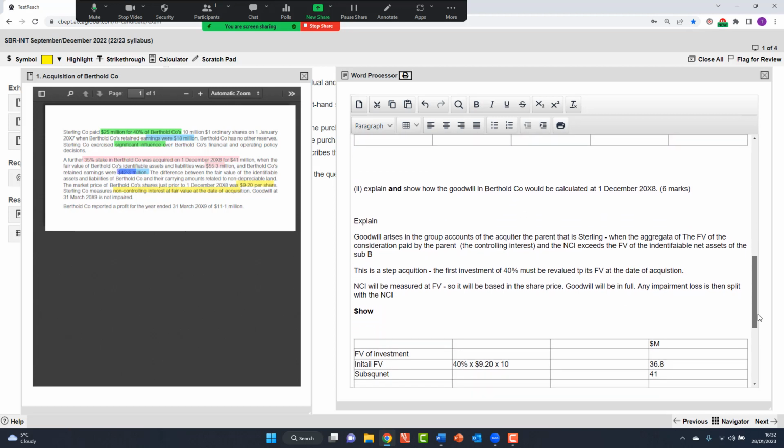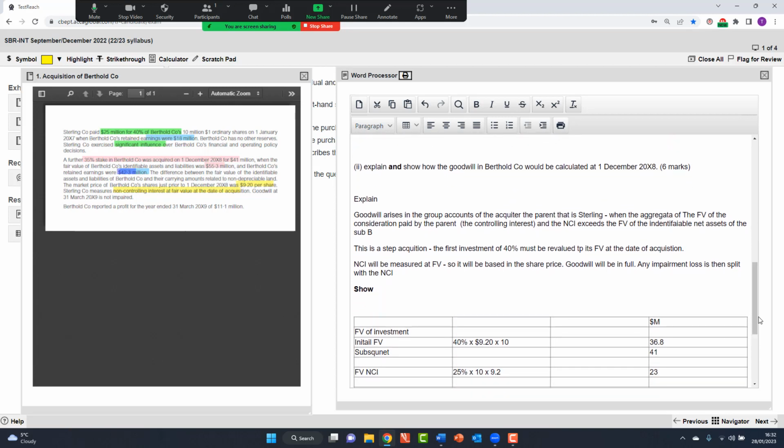And now we move on to 6 out of 6. And this is about explaining and showing how the goodwill is calculated. If all you do is numbers, you're limiting yourself to 3 out of 6. And you have to get 3 out of 6 fully correct on the numbers to justify passing the exam. You've got to write something. You've got to apply your knowledge.